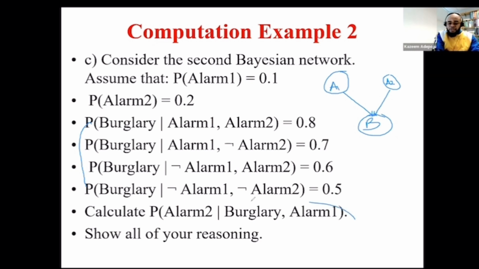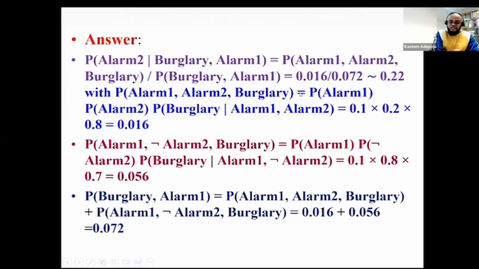The question now asks you to find the probability of alarm 2 given burglary and alarm 1. Don't forget, I'm using the second network. What I basically want to find is the probability of alarm 2 given burglary, comma, alarm 1.